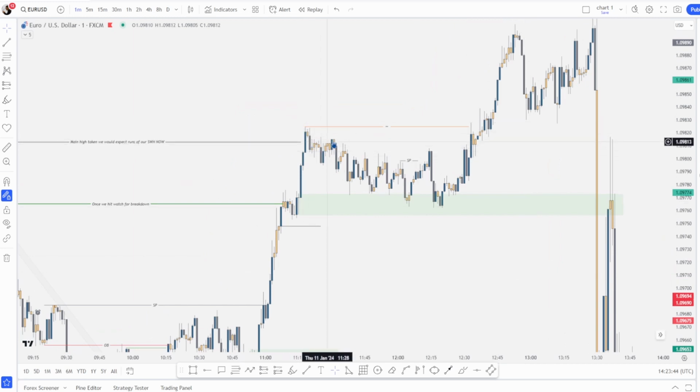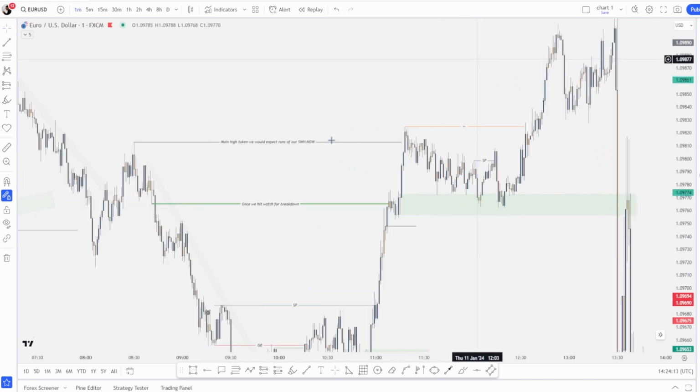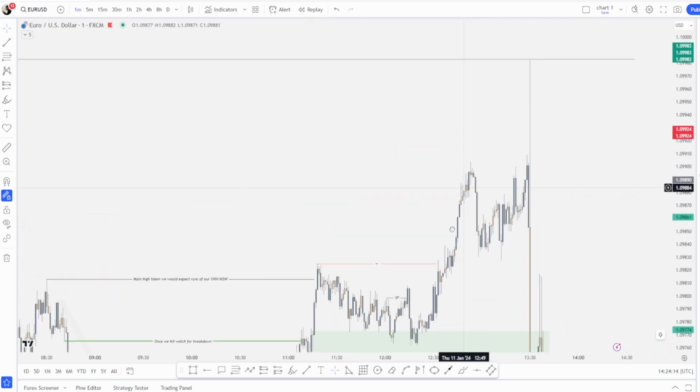We're having impulsive moves down each time, each one of these highs holding impulsiveness, imbalance, and an unmitigated order block, each of them putting in a new low. We take the first high, which tells us that we're most likely going to want to run into here and take this high. We play back into the lower area of demand, and then we run high, and we actually get to our swing high, just about.